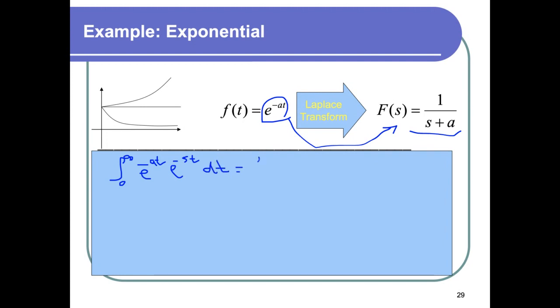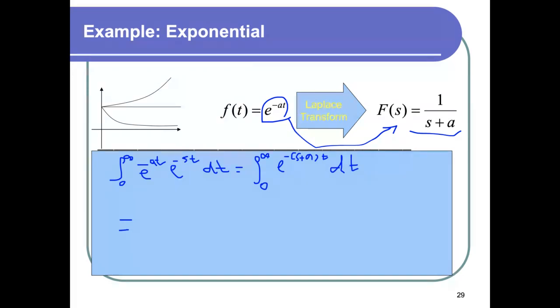This is simply, oh sorry, it's actually the integral from 0 to infinity of e to the power of minus (s plus a) t dt, right? So what is that equal to?